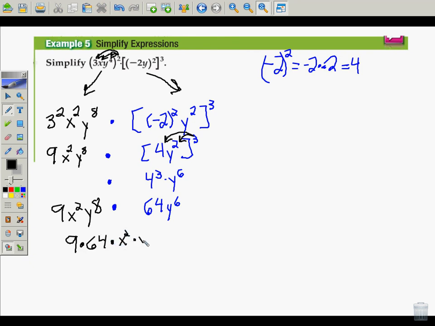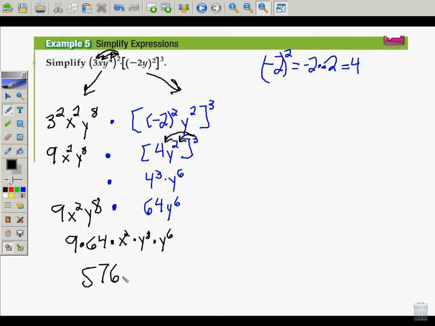And this is not completely simplified, because if you think about what they told us before, we can only have each base appearing once. Notice I have 2 y's. So what I'm going to have to do is multiply everything together that I can multiply together. I can do 9 times 64. That gives me 576. x squared, there's no other x's, so it's just going to stay x squared. Then I have y to the 8th times y to the 6th.